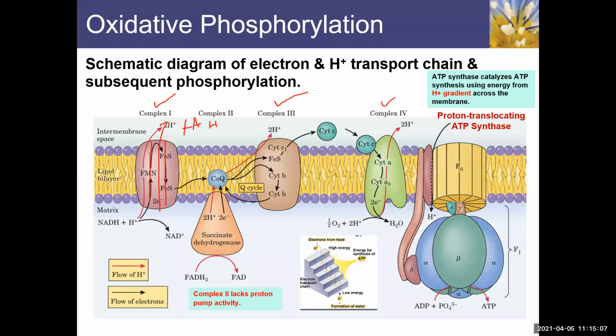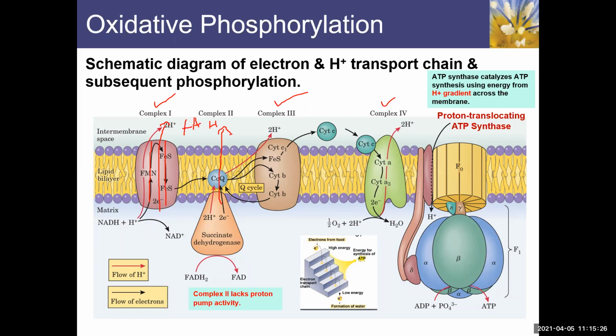Did you all understand? If the question says which of the following enzymes lacks the proton pumping activity, but towards what? Towards the intermembrane space, because it cannot pump the protons towards the intermembrane space.